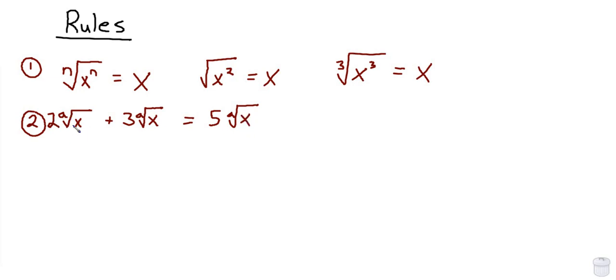If we're going to add radicals, the index and the radicand have to match up. They have to match up.